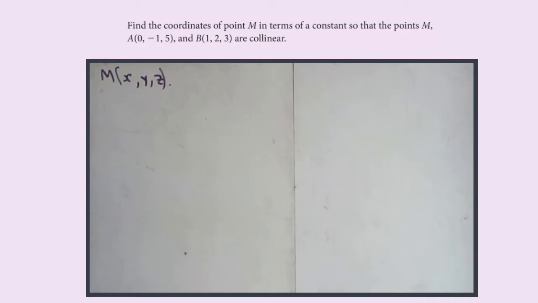So if we say that M is at x, y, z, we already know where A is and we already know where B is. So if we consider the vectors AM and AB, and we know that they're collinear, then that must mean they're scalar multiples of each other.